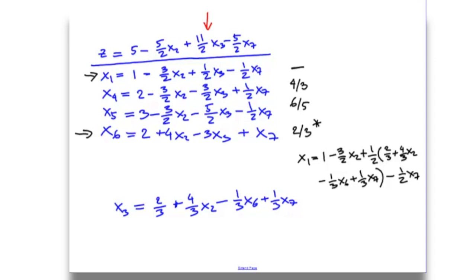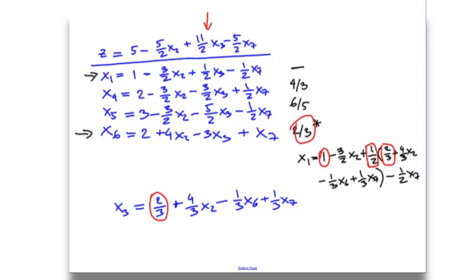To compute the new value for this basic variable, we just need to focus on three parts. One was the previous value that we had, right? Then 1/2 was the coefficient for the entering variable in this row, and then 2/3 was this value here, which is the same as the minimum ratio value.